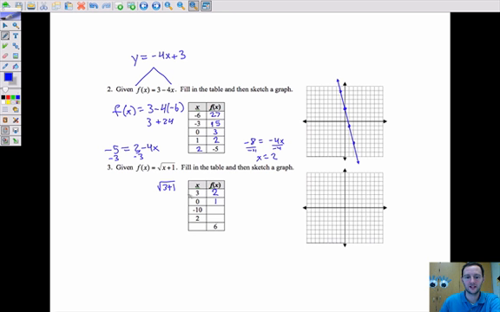If I put in a 2, I get square root of 3. And if I solve this for 6, I get 6 equals, square both sides to get rid of the square root.